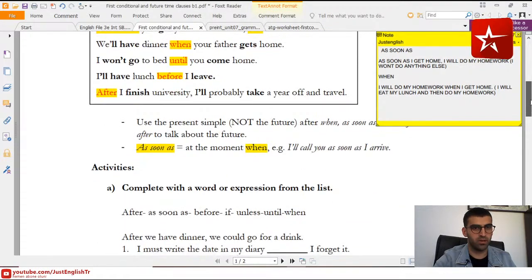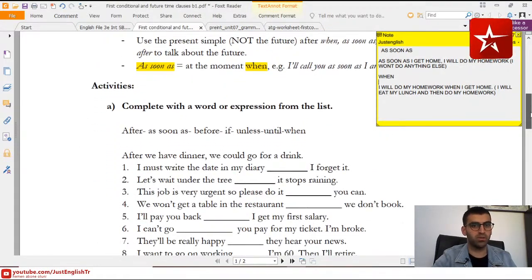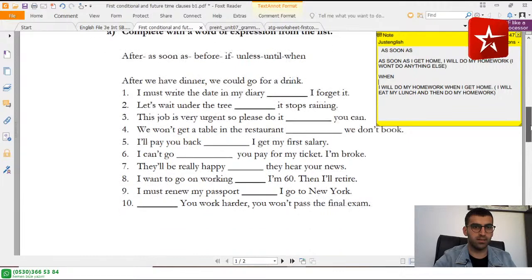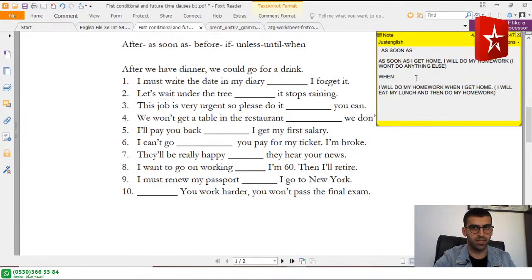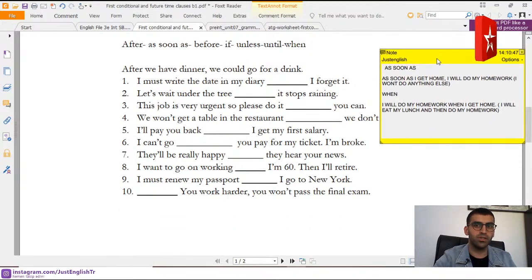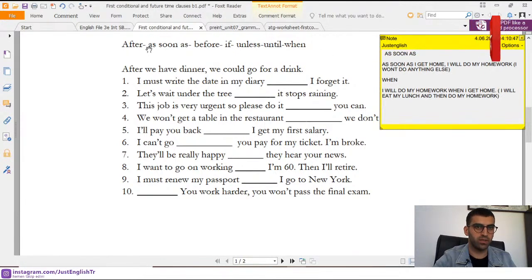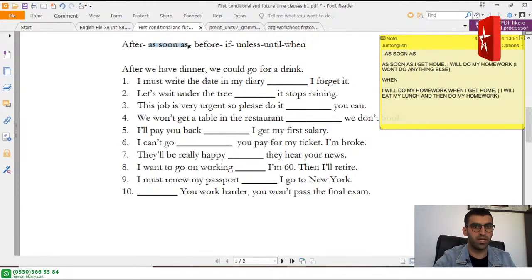Let's do an exercise. We have 10 sentences here, and we have to choose the correct one. We have to choose one of them: as soon as, before, if, unless, until, and the last one is when.